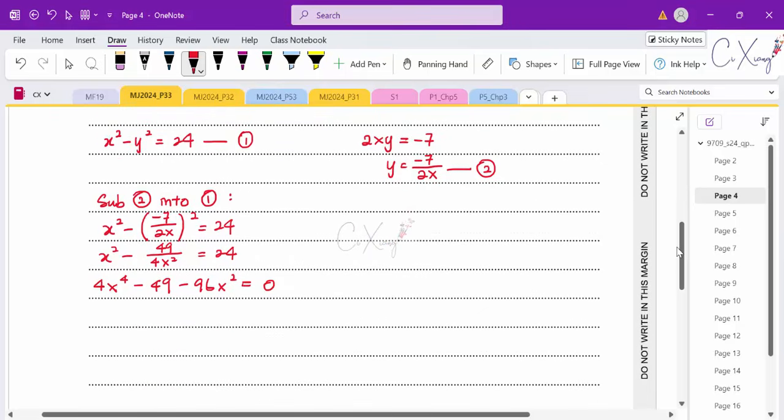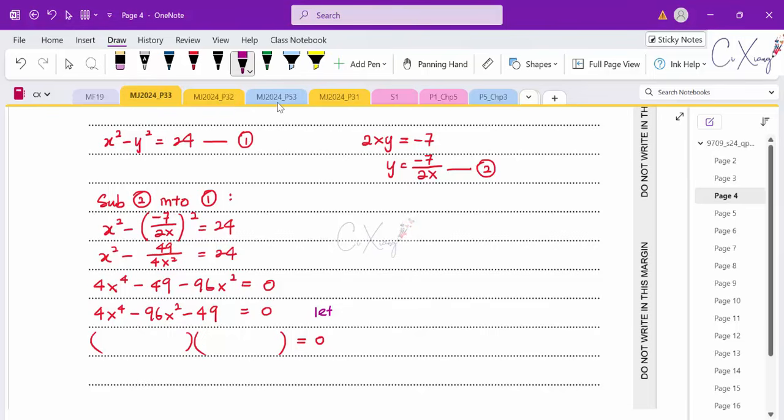Alright, so you successfully form a quadratic equation in terms of x, right? If I rewrite again, you can observe that basically this is a quadratic form equation. So for a quadratic form equation, you can try to factorize them. For those who are not able to see that this is a quadratic form equation, you can let maybe theta or something else.